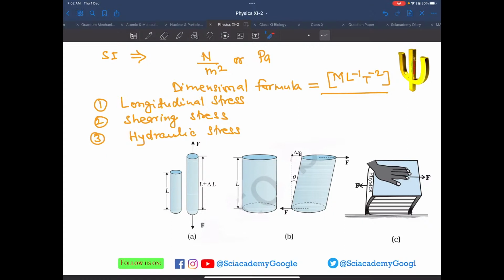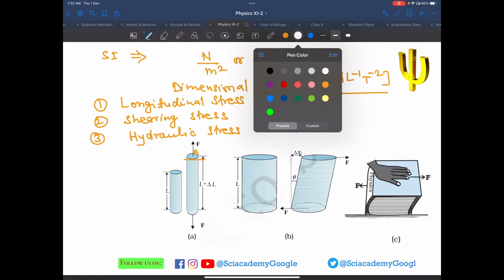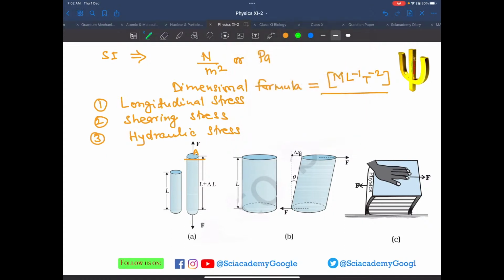So if A is the area of cross section of this cylinder, then when the applied force is perpendicular to the area of cross section, this is called tensile stress.